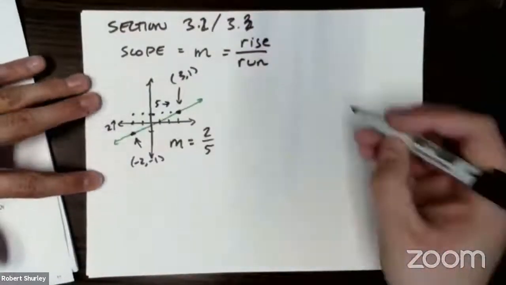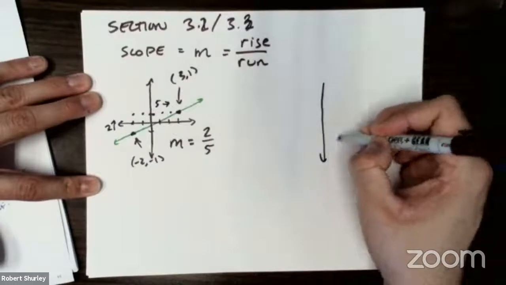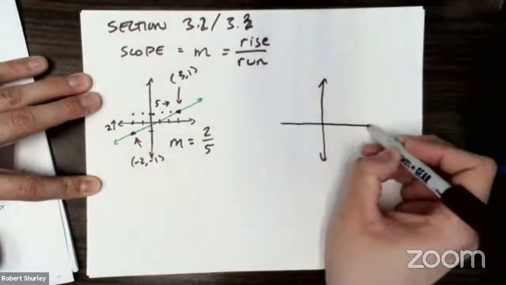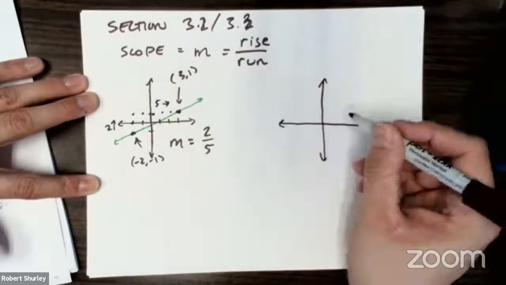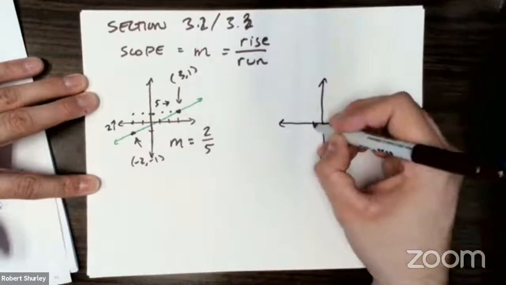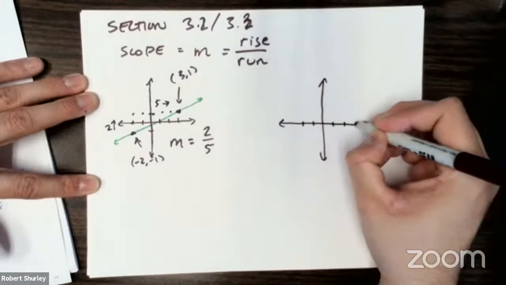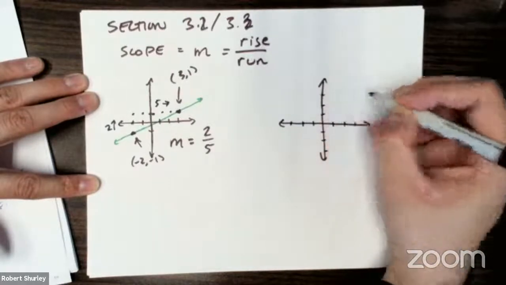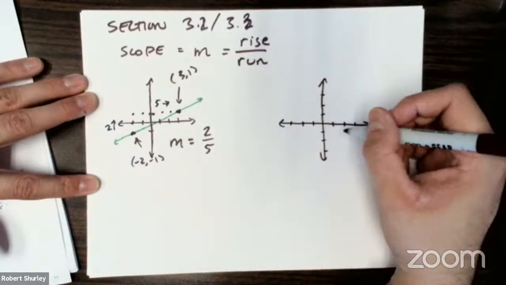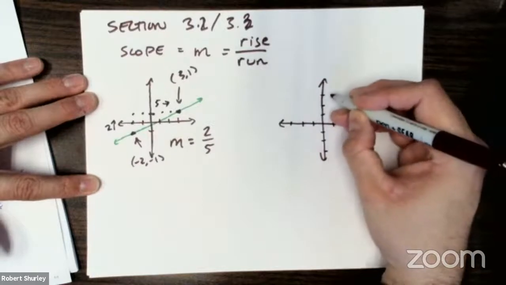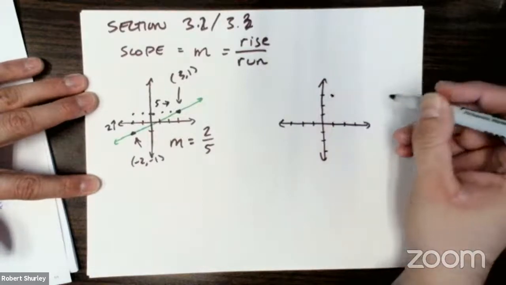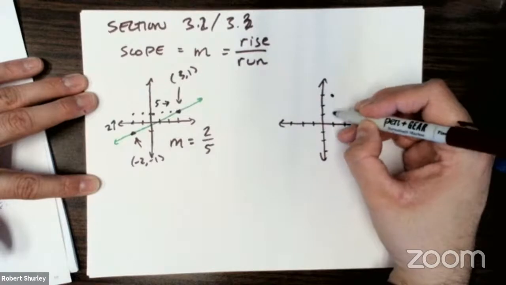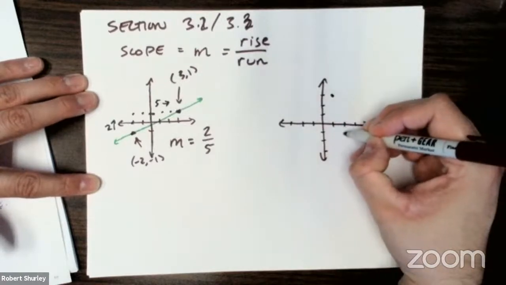Let's do another one that isn't positive. Let's do a negative slope. Let's say we have a line, and this one is going to go down. Let's say it goes through (1, 3) here, and then it goes through (2, -1).